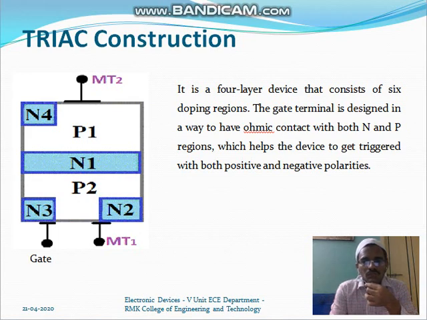The gate terminal is designed in a way to have an ohmic contact with both N and P regions of the device, which helps the device to get triggered with both positive and negative polarities.